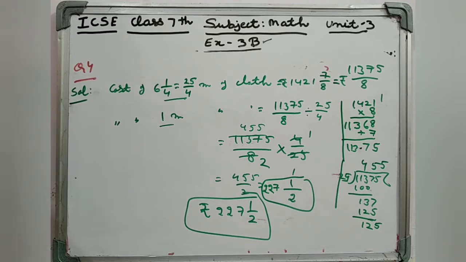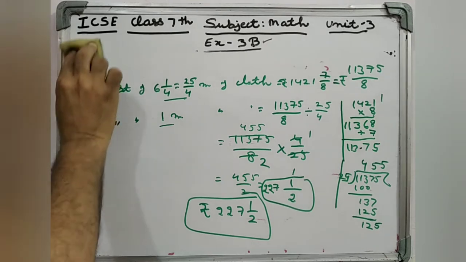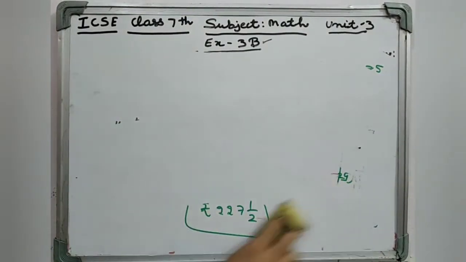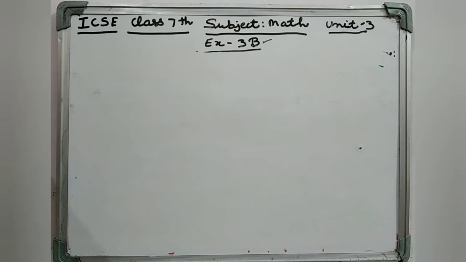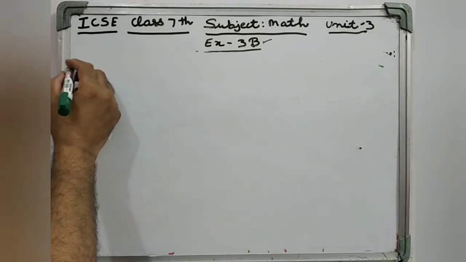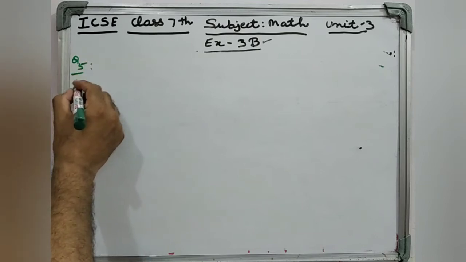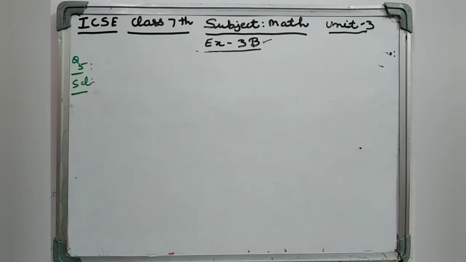Now we will move on to the next question, that is question number 5. Solution. He is saying: how many pieces of length 3 5 by 7 meter each can be cut from a wallpaper of 52 meter length?